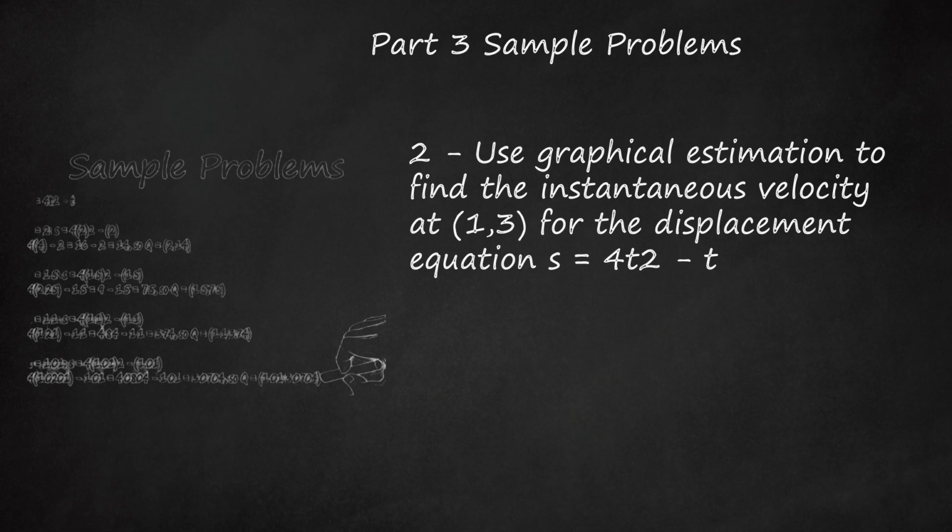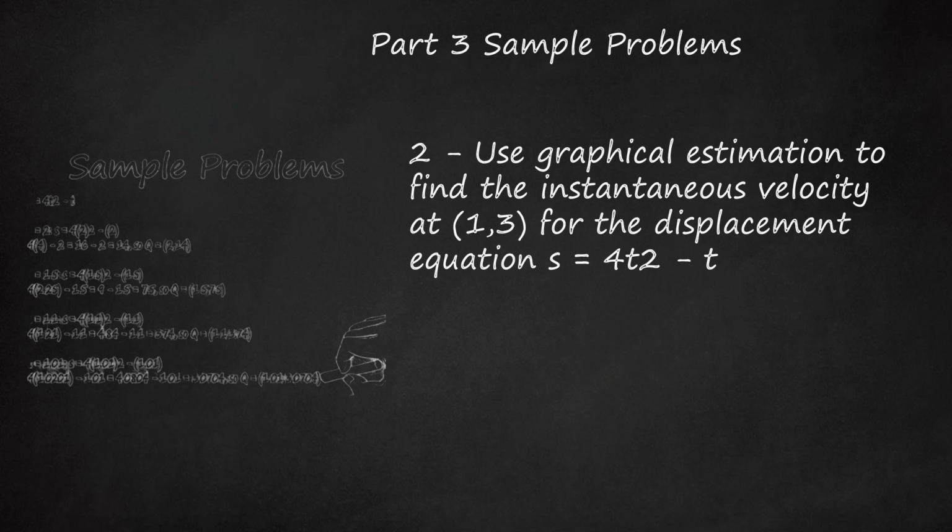Q equals (2, 14): h equals (14 - 3) / (2 - 1), h equals 11 / 1 equals 11. Q equals (1.5, 7.5): h equals (7.5 - 3) / (1.5 - 1), h equals 4.5 / 0.5 equals 9. Q equals (1.1, 3.74): h equals (3.74 - 3) / (1.1 - 1), h equals 0.74 / 0.1 equals 7.4.